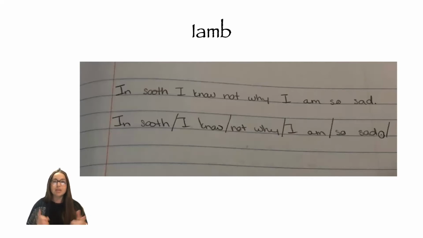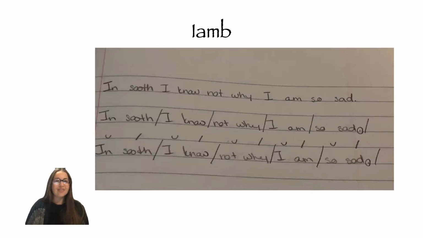That just helps me remember to drive through the end of the phrase, especially when the phrase continues into a second or a third line. And then if it's helpful, you can always note the stress pattern above or below the line of text. So again, I use a U shape for unstressed syllables and a diagonal line for stressed syllables.